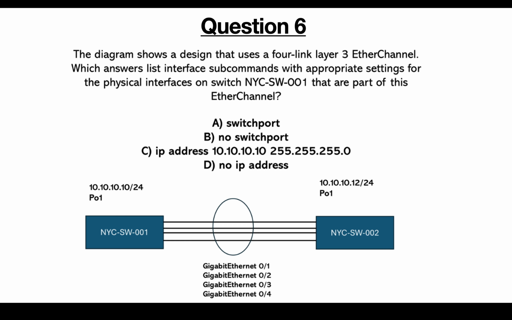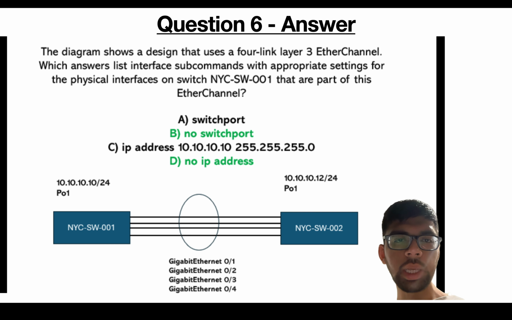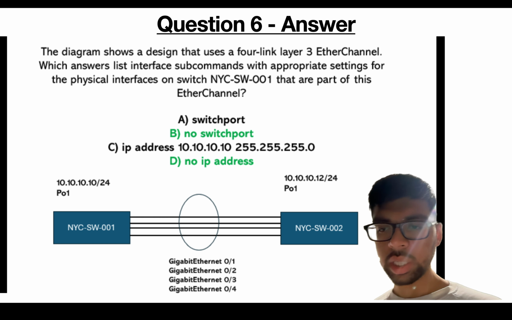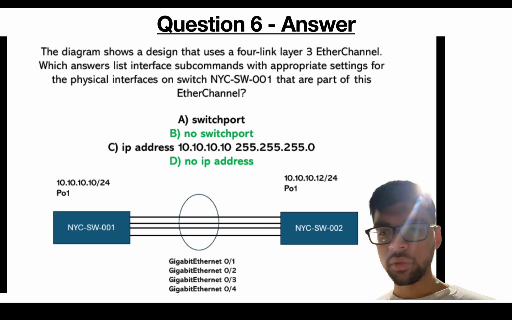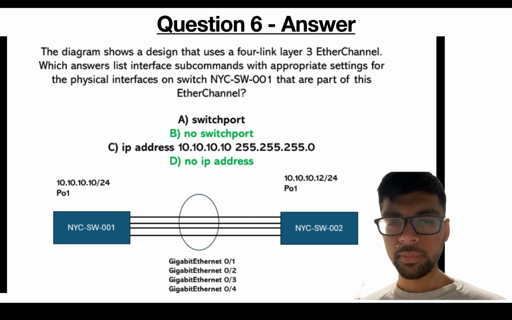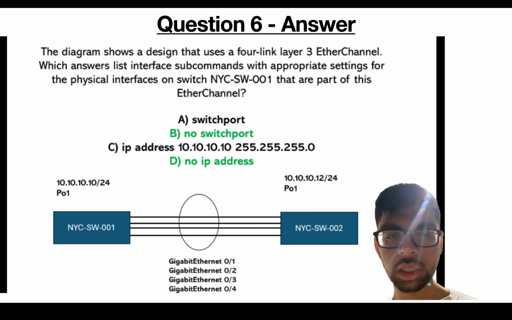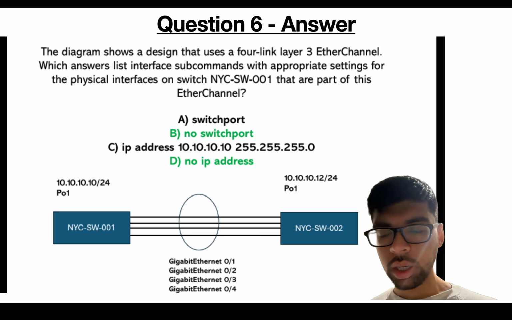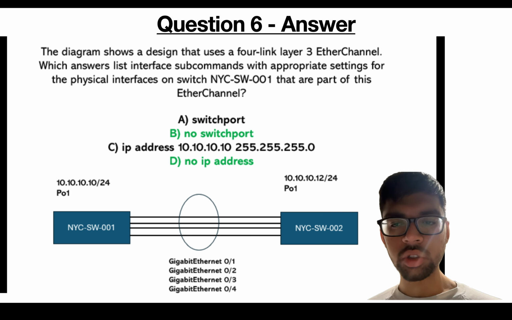So the correct answers are B and D. No switch port, no IP address. Those are commands that you'd use in that configuration. Remember that the configuration for each channel is very similar to layer 2 when you configure layer 3 ether channel, but there's a key difference. There's something extra that we do: we enter no switch port, and no IP address is something that we can also use.